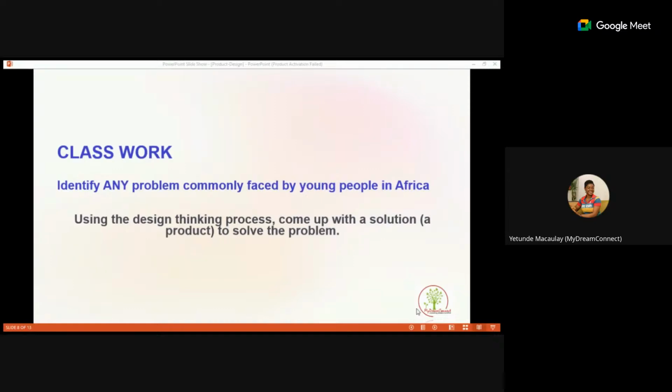Then we create ideas on the solution we want to run. Then you can create your surveys, questionnaires, or interviews to find out more from others. It's like we are at a round table to come up with solutions to problems faced by young Africans.